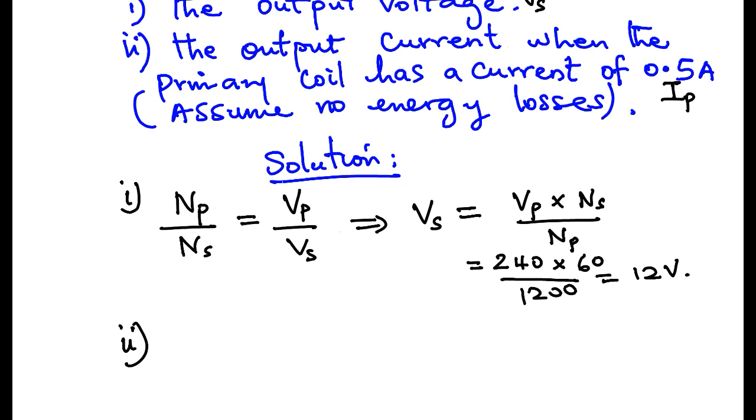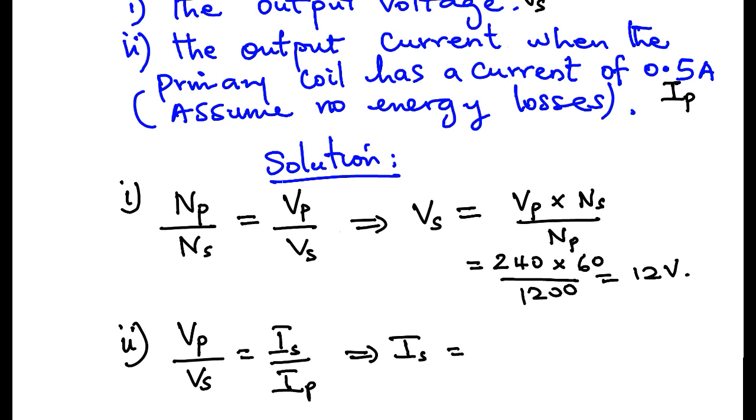We use the ideal transformer equation and have Vp over Vs equal to Is over Ip. Because we are looking for Is, Is is equal to Vp Ip over Vs.